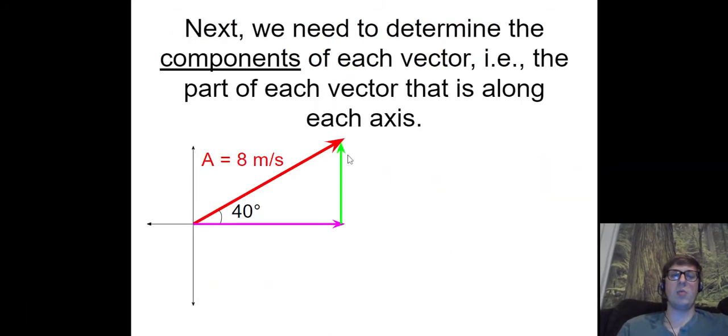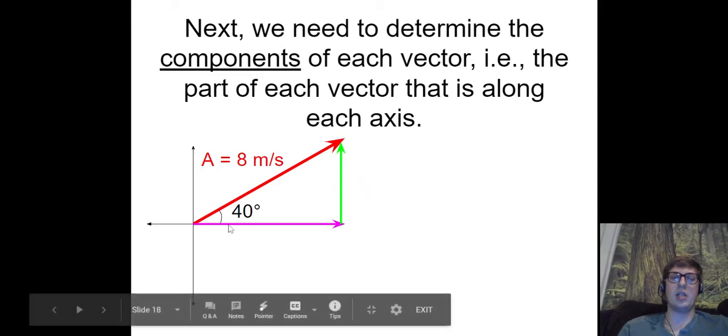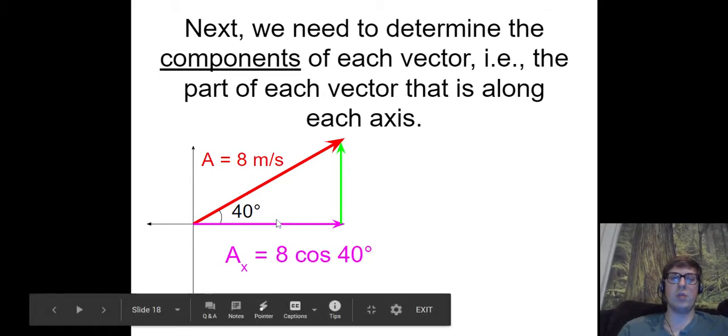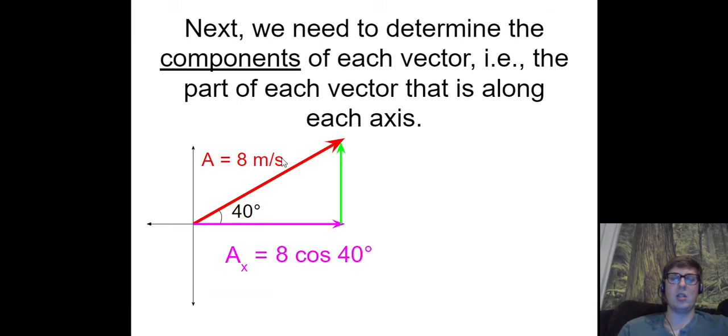So if you break this down and want to figure out what this side is and this side is, A of x is going to be 8 meters per second times cosine of 40. So this is going to be cosine, because it's adjacent, times 8. A of y is going to be 8 times the sine of 40, because it's the opposite.